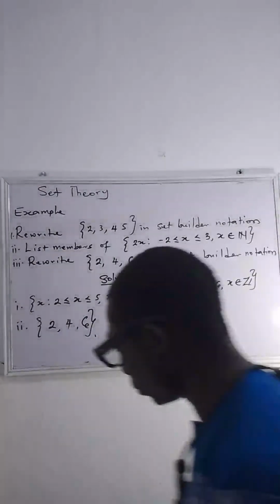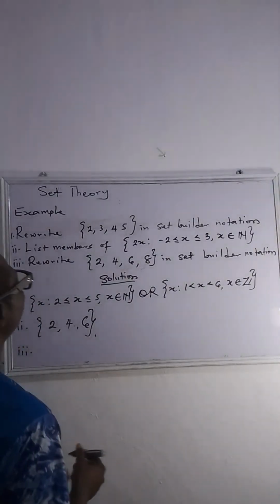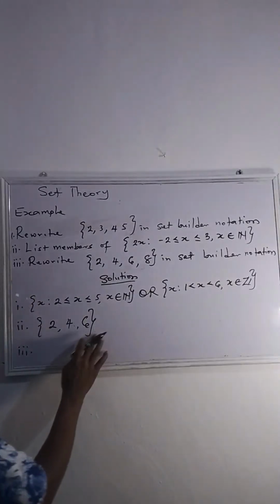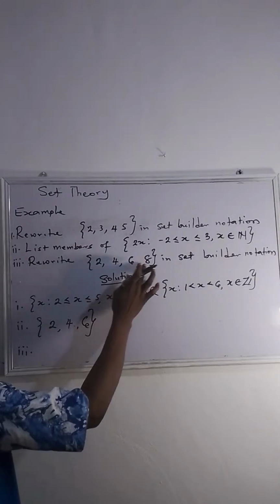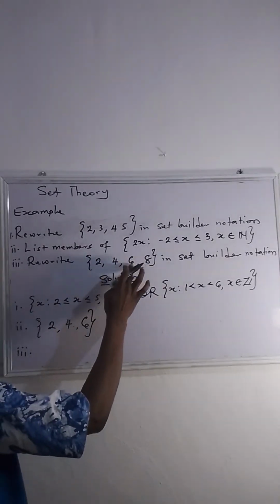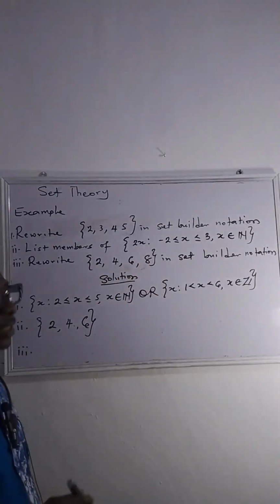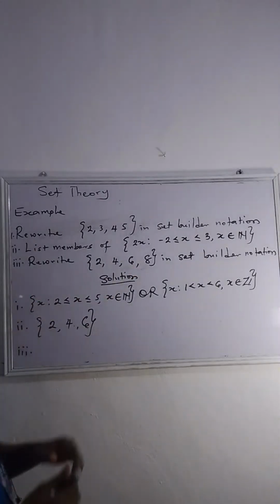Now let's look at the third one. You have to rewrite this in set builder notation. The first thing is that I have to look at the numbers I have here: 2, 4, 6, and 8. What comes to mind is that these are multiples of 2. I want to write this in set builder notation.